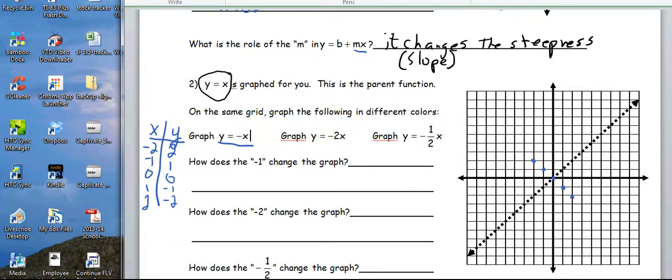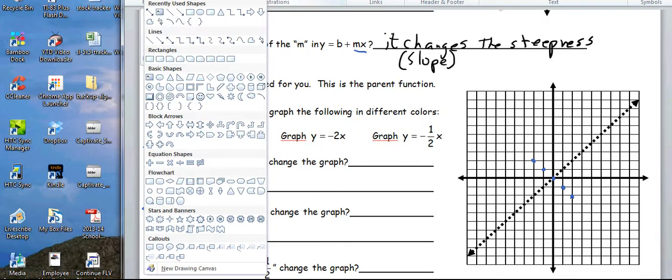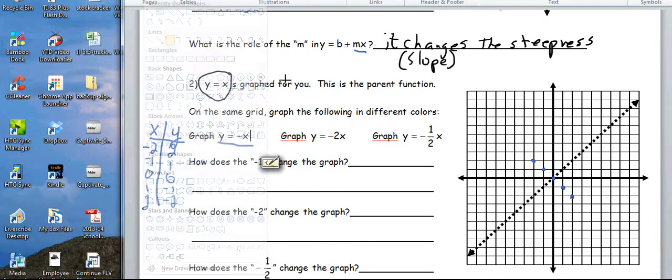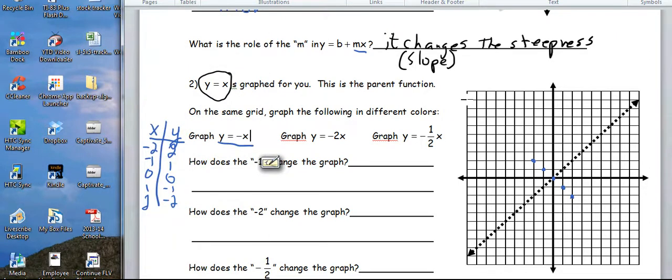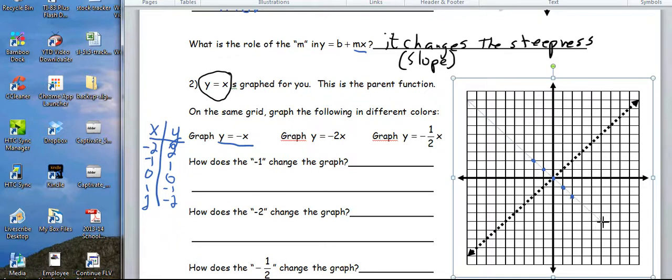And my line will go like this. Remember, all the way from one side to the other with an arrow on either side.